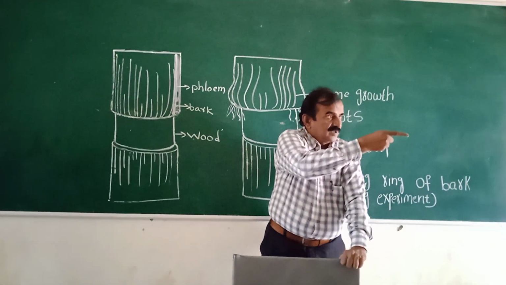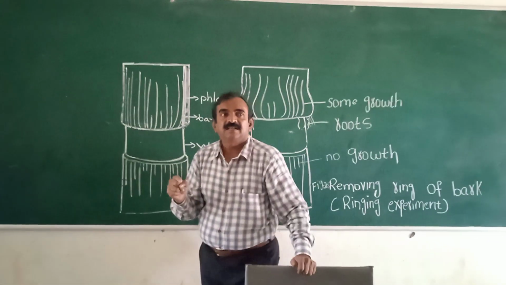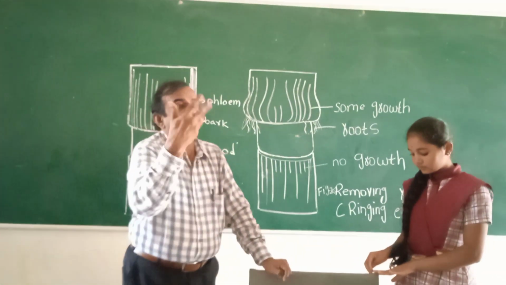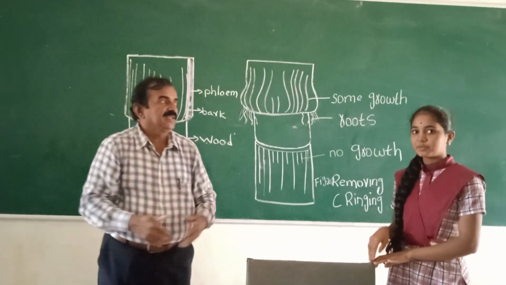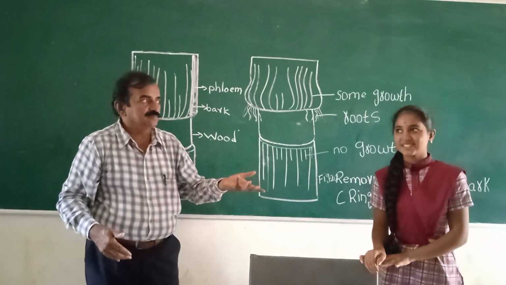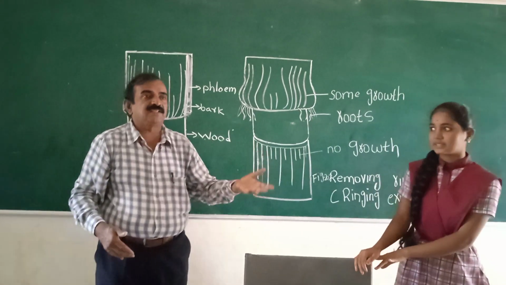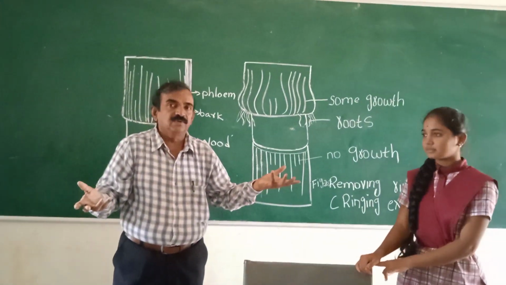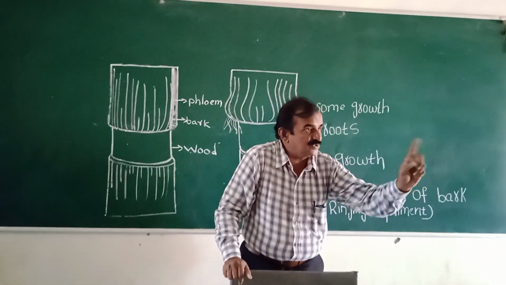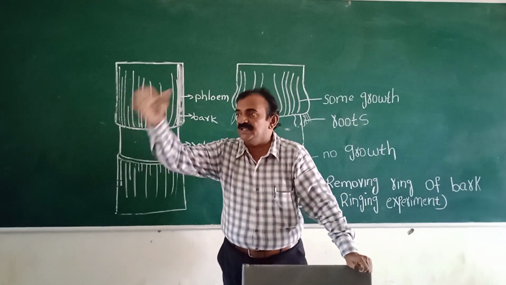Sanjana, tell us which tissues transport water and which transport food. Xylem tissue transports water from the stem to all parts. Phloem tissue transports food from leaves to branches, branches to stem, in all parts of the plant. Thank you. So xylem tissue is useful for transportation of water, and phloem tissue is useful for transportation of food.